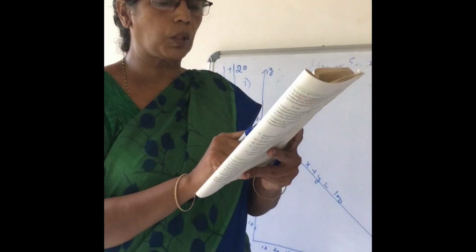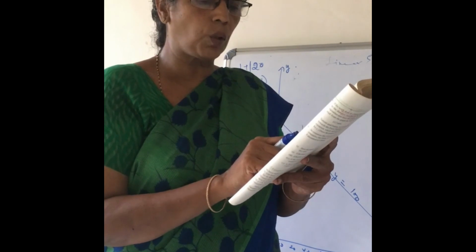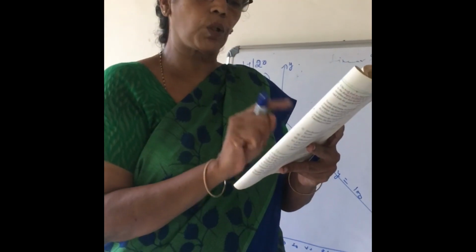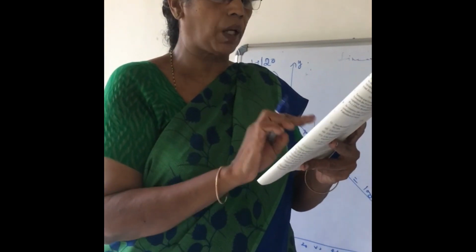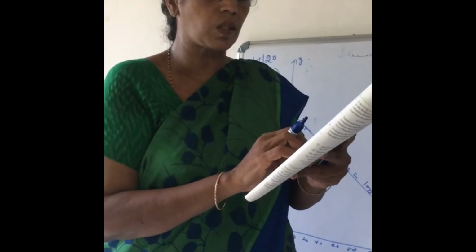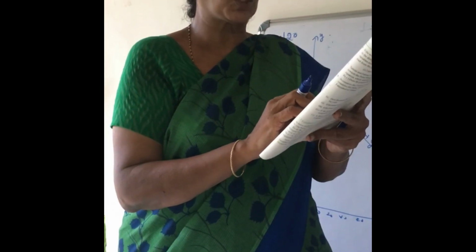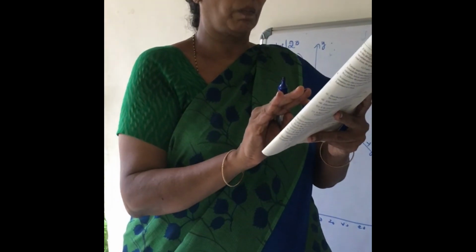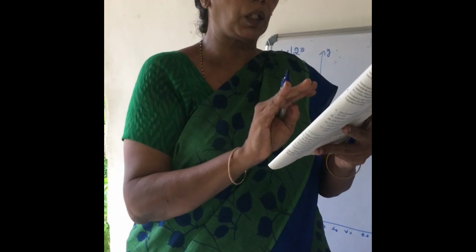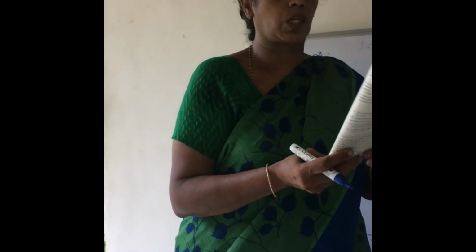X is equal to minus 1, plus 1 equal to 0. 0 is equal to 0, true. So it is satisfied. If you put the third equation, y is minus 1 and x is 1, minus 1 is equal to 2 is false. LHS should be equal to RHS. Similarly, the fourth one is also false.